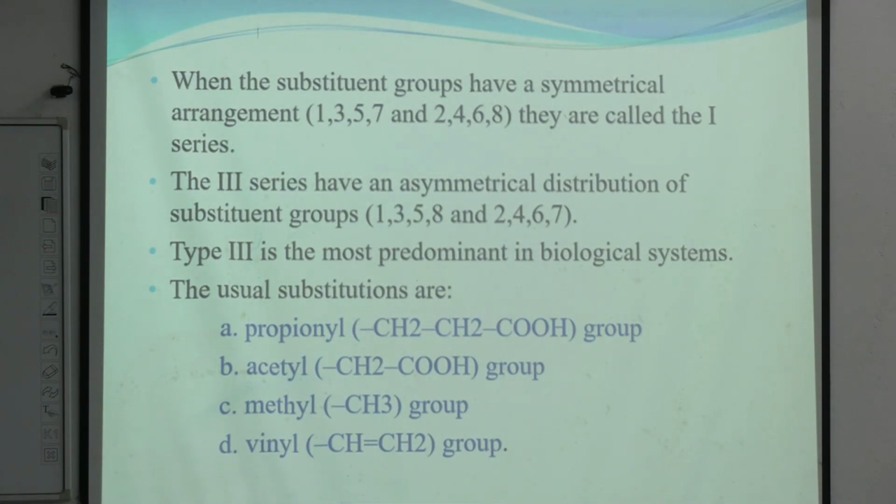Other substituent groups like acetyl, propionyl, methyl, vinyl: in the initial steps of formation, it remains as acetyl. Then it converts into methyl, and propionyl in two groups is converted into vinyl group. Clear?